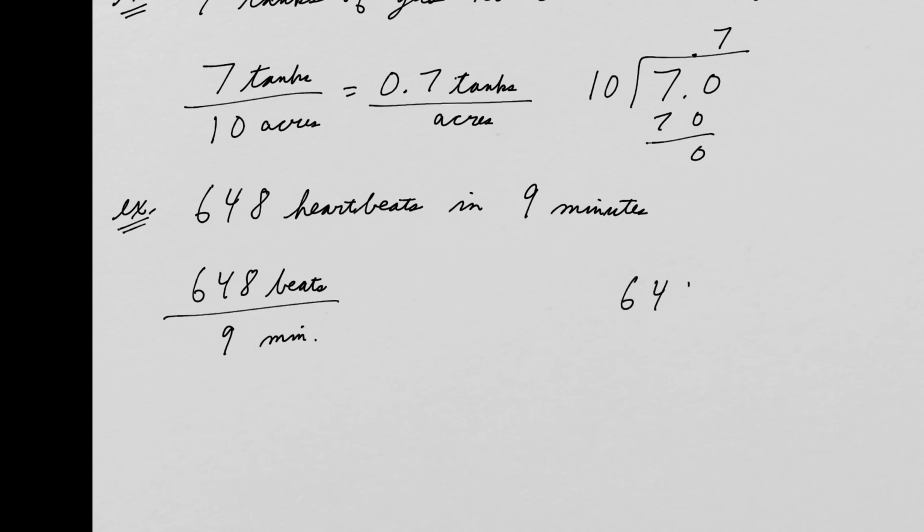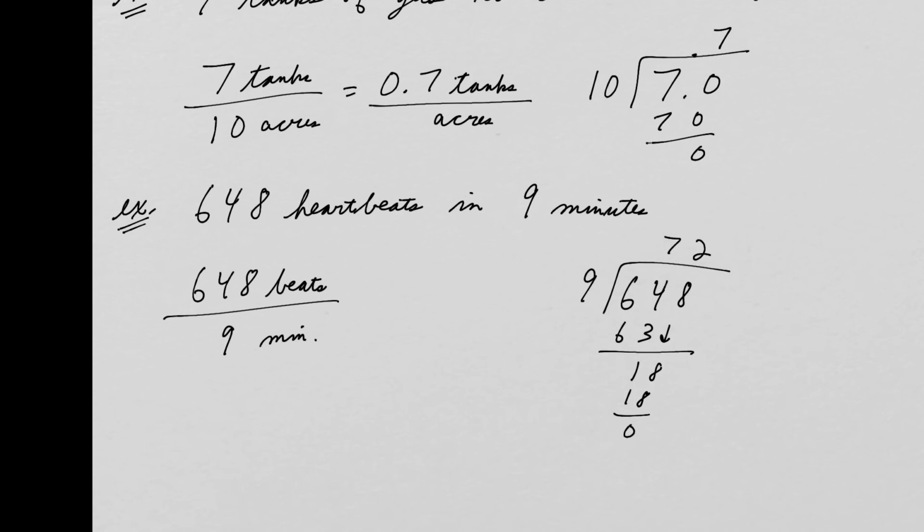So 648, I'll do this on the side here, divided by 9. So what is this? 9 goes into 64, 7 times, right? So that'd be 63. Subtract, bring down the next digit, 8, and then 9 goes into 18 twice. So the remainder is 0.